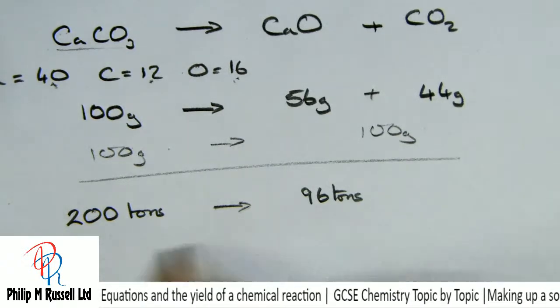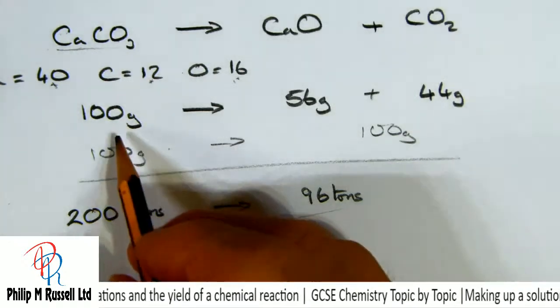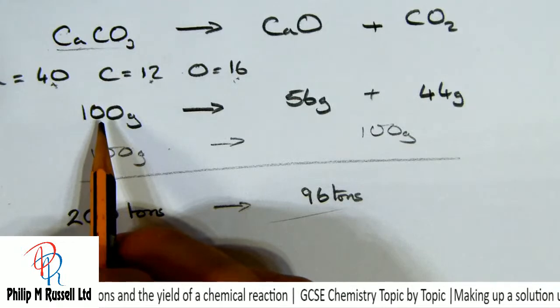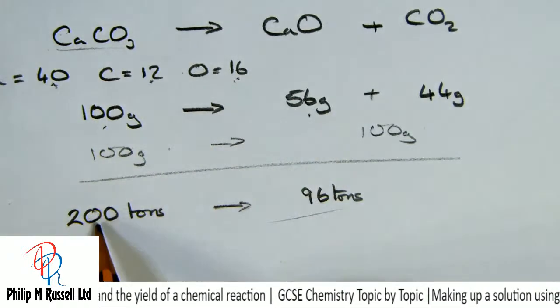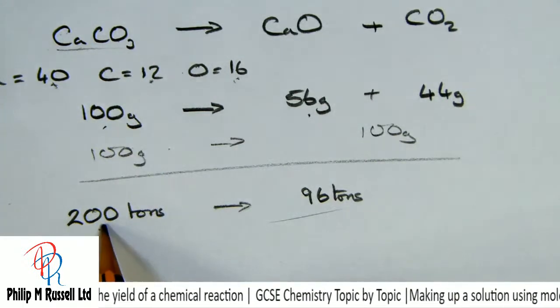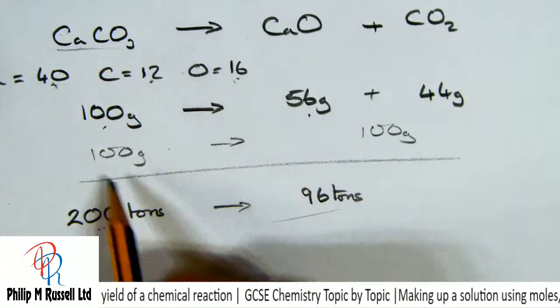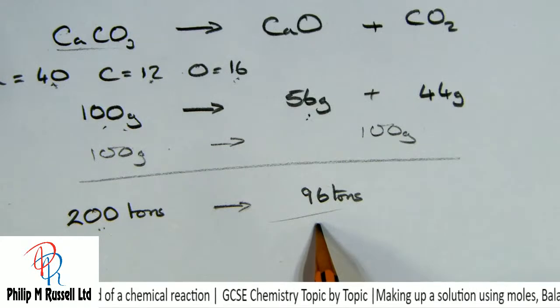And what is the percentage yield? We know that if I took in 100, I would get 56. So if I took in 200 tons, I can just change the unit, I should get, doubling this one, double that one, 112.